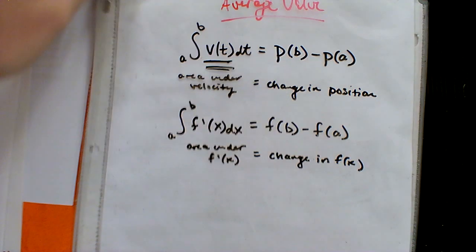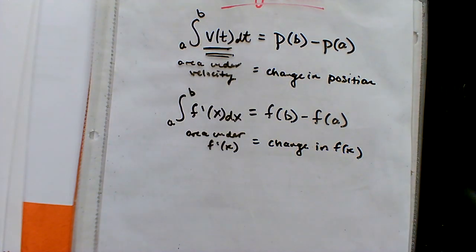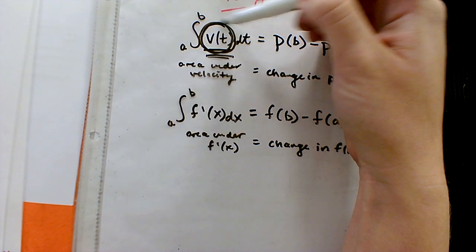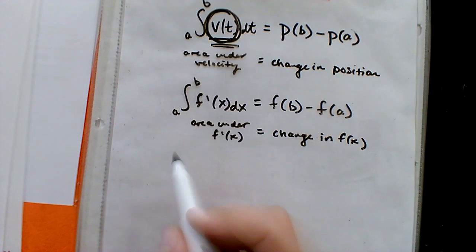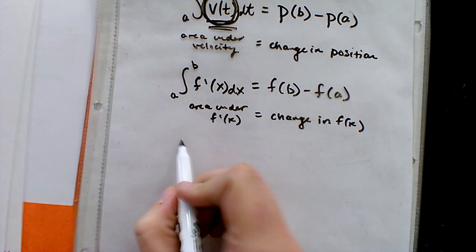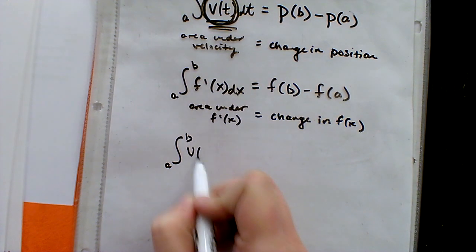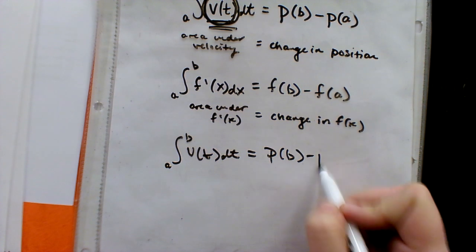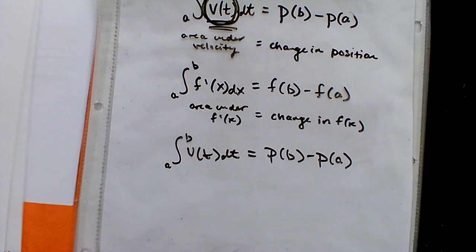Average value, on the other hand, is a way for us to calculate the average output or the average answer from this beginning function that we have within an integral. So for instance, I'll rewrite this down here. The integral of velocity we know is p of b minus p of a.